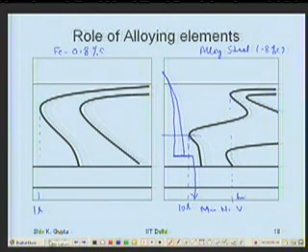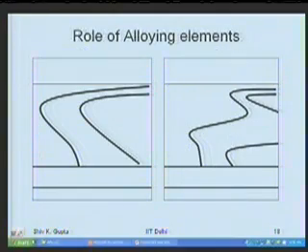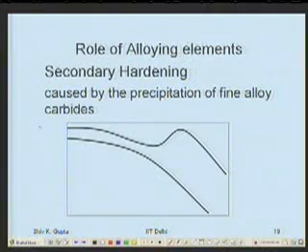The second function of the alloying additions is they reflect on the tempering. When the alloying additions are present, particularly like chromium, tungsten, molybdenum, etc., the secondary hardening takes place in steel.